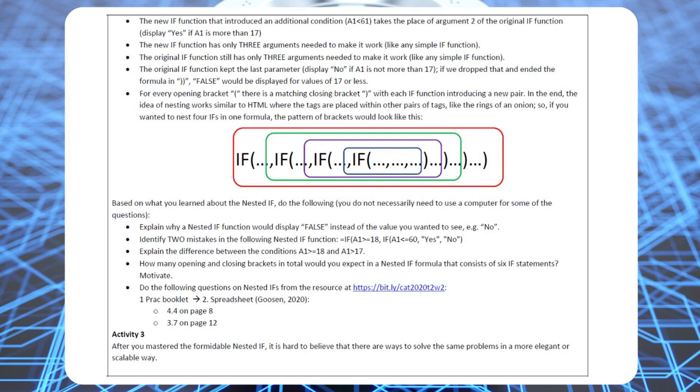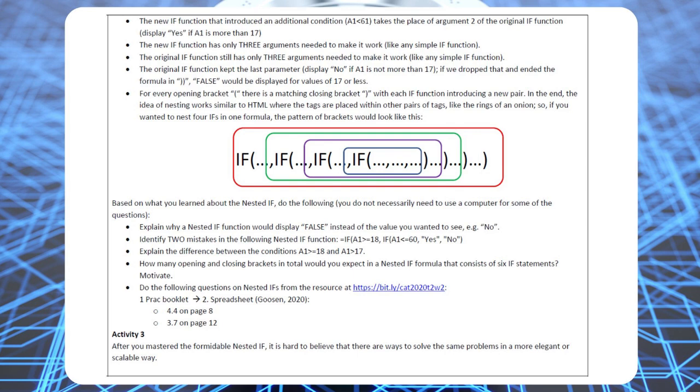Based on what you learned about the nested IF, do the following. You do not necessarily need to use a computer for some of the questions. Explain why a nested IF function would display FALSE instead of the value you wanted to see, e.g. no. Identify 2 mistakes in the following nested IF function.